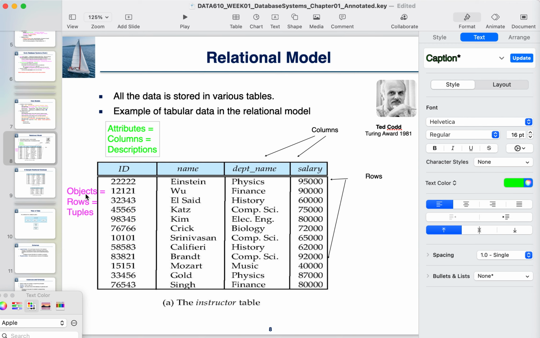It's a description of the object, right? If it's an employee: name, department that he works in, his employee ID, what is his salary. If it's a student: which classes is he taking, what grades did he make, is he doing a master's degree or a bachelor's degree. So descriptions would be on the columns here.